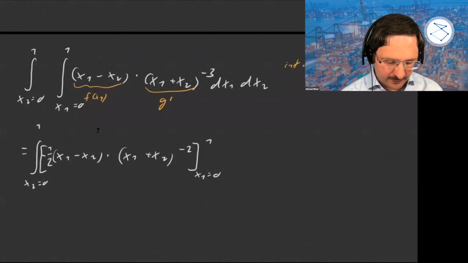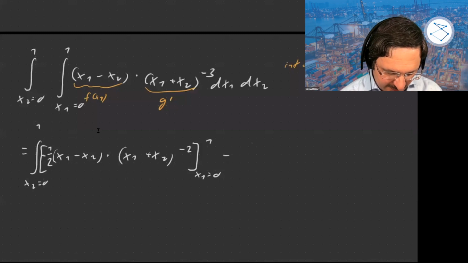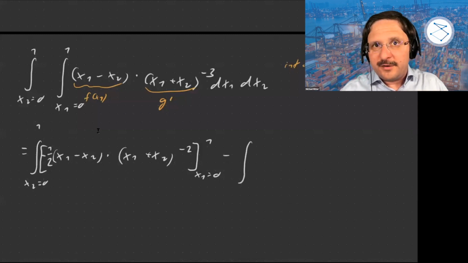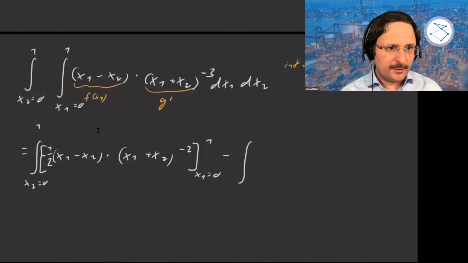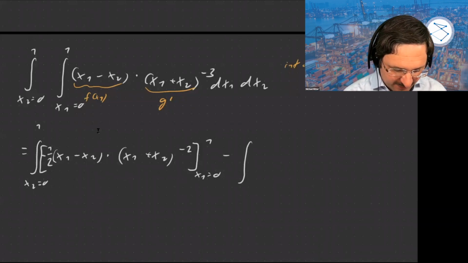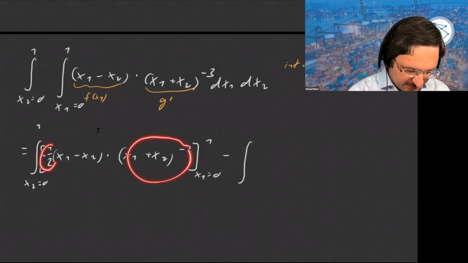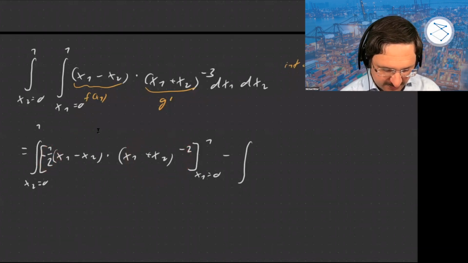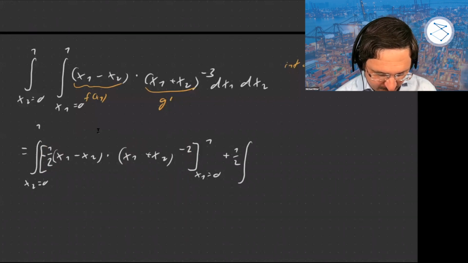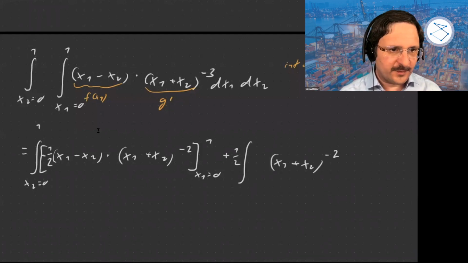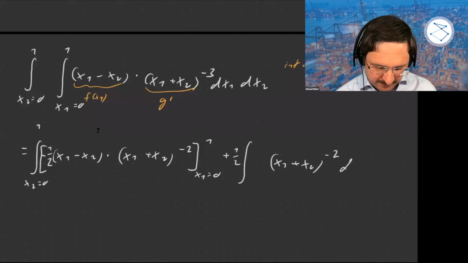And then we subtract the integral of f prime times g. We have computed g already. Remember, that's this expression here times -1/2. So instead of minus the integral, we get +1/2 the integral of (x1 plus x2) to the power of -2 dx1.